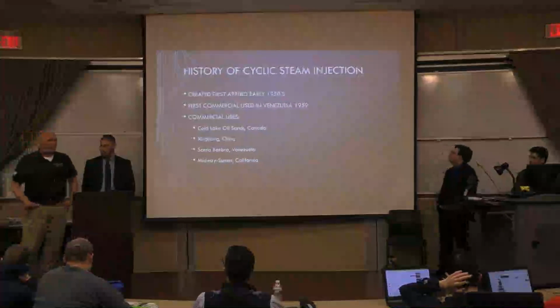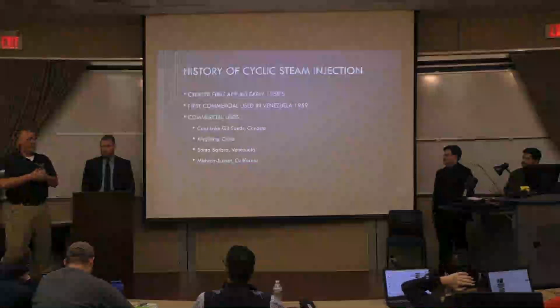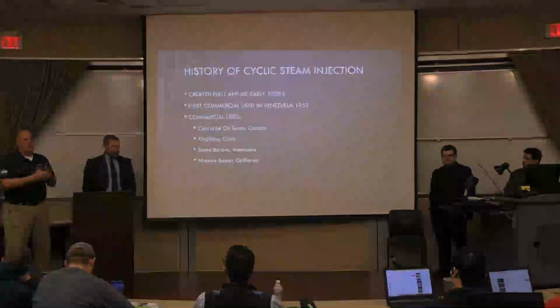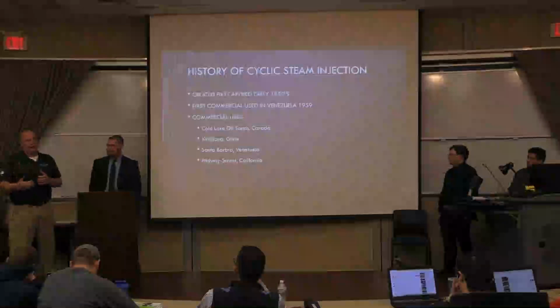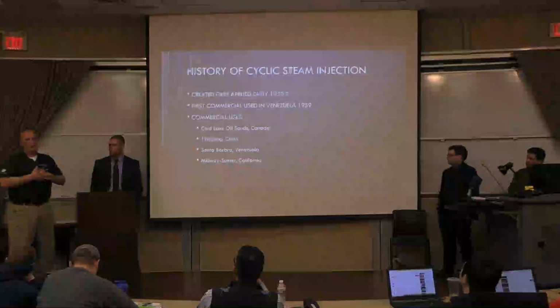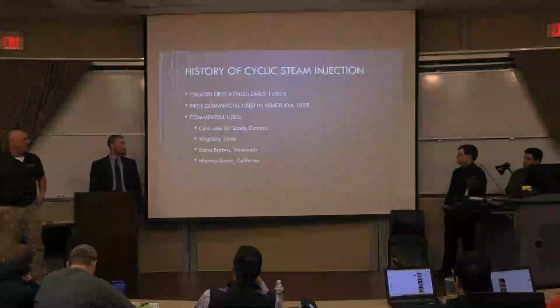All of which were small fields that were developed very, very close, which didn't have the ability to put in the 5 spot, the 9 spot, any of the different types of well configurations.